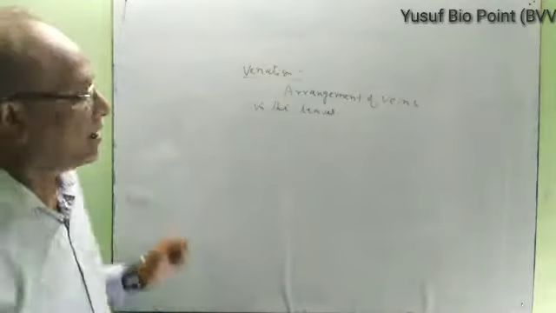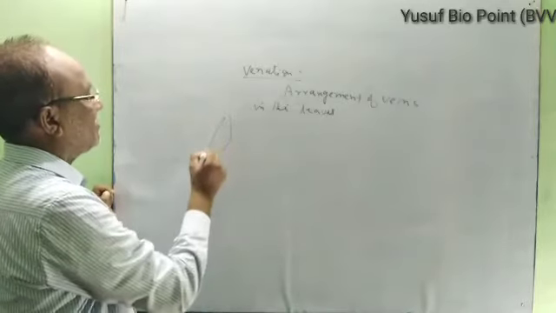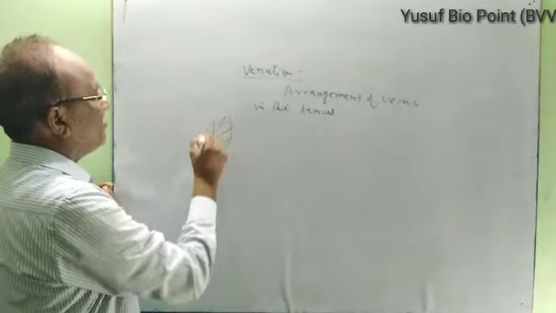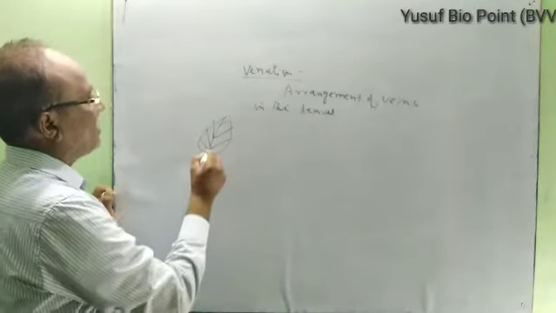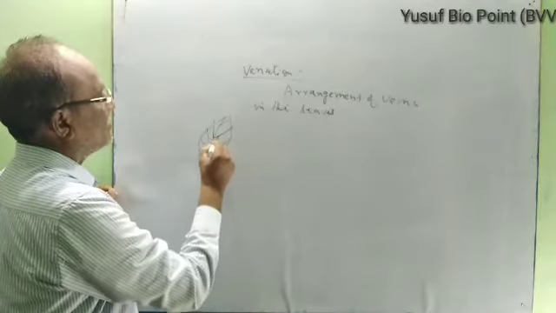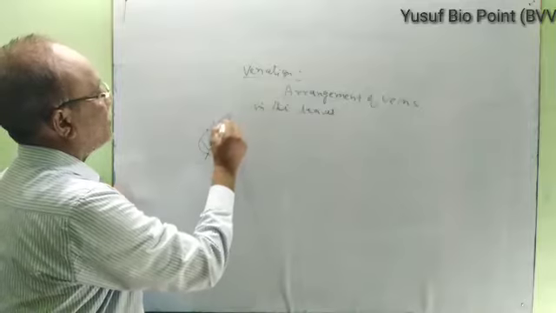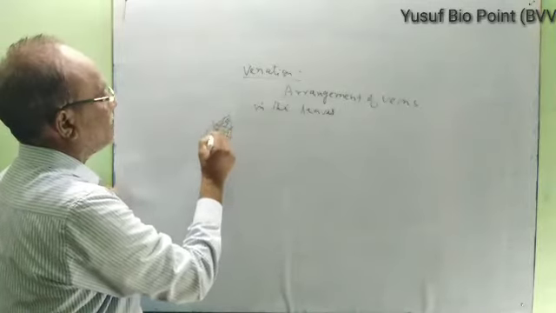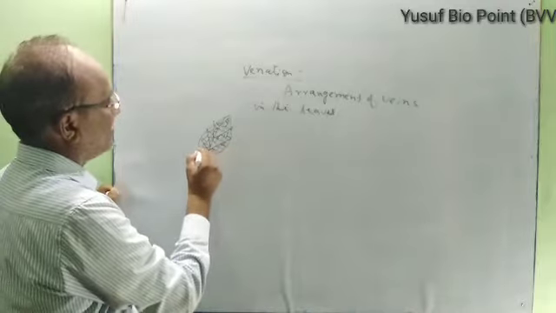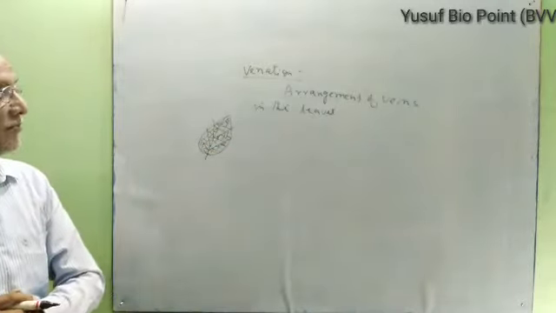You have seen, suppose it is the leaf of mango or peepal, whatever may be, and there is a net-like structure in that. So these are the arrangement of veins in the leaf.